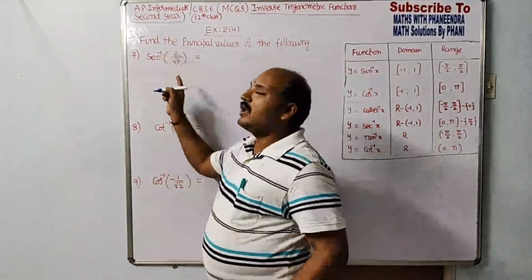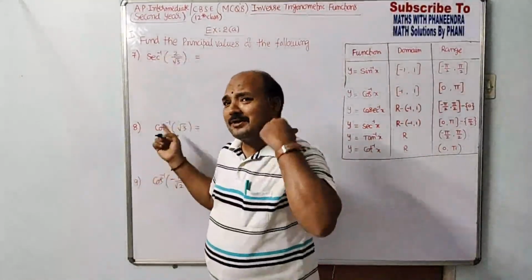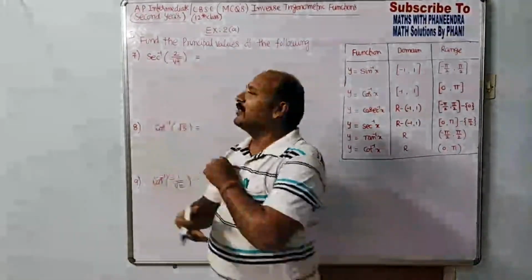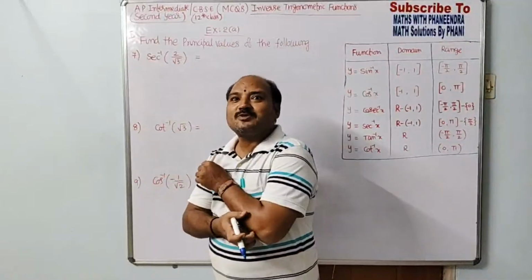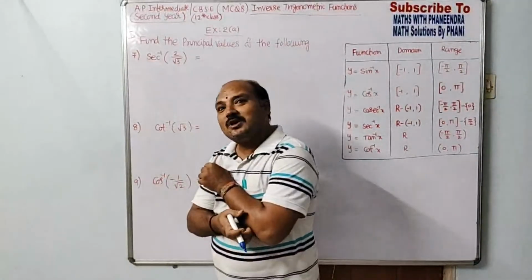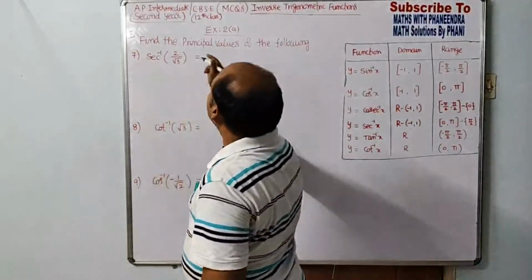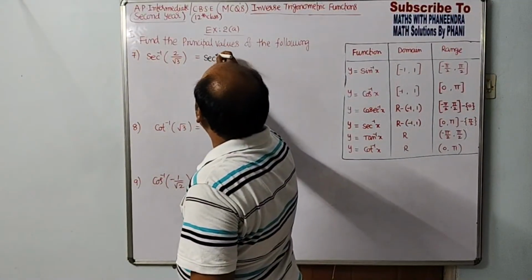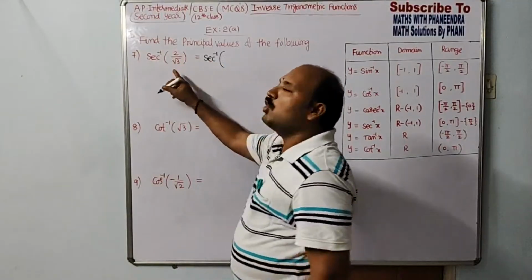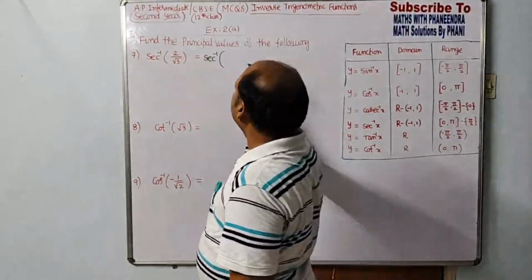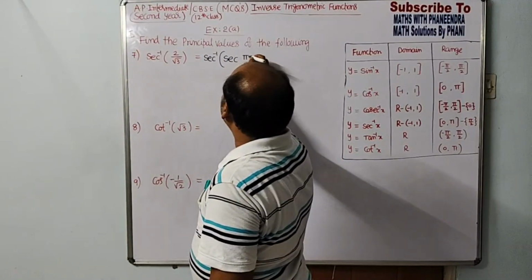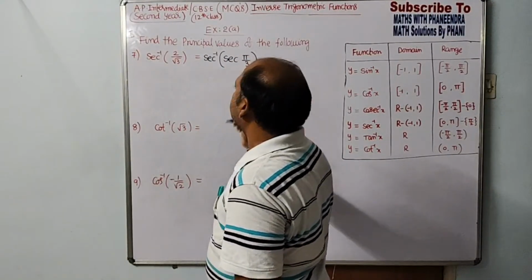Secant inverse of 2 by root 3. Not only directly, but we can also do it in cos inverse, dear students. Cos inverse of root 3 by 2 we can write. We have the reciprocal formula: secant inverse x is equal to cos inverse of 1 by x. So secant inverse of 2 by root 3, in terms of secant, is secant pi by 3, that means 60 degrees.